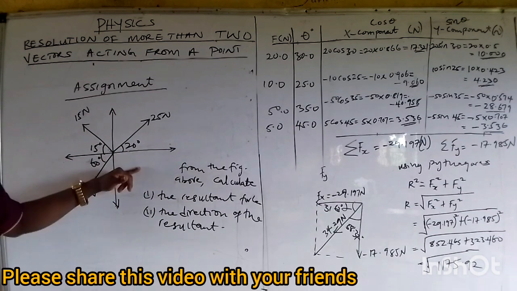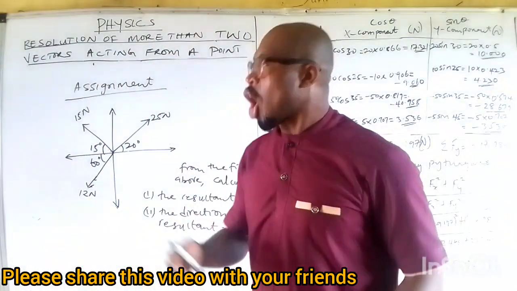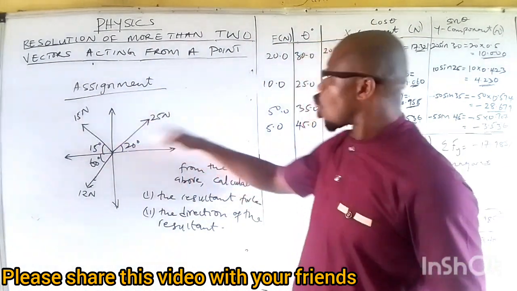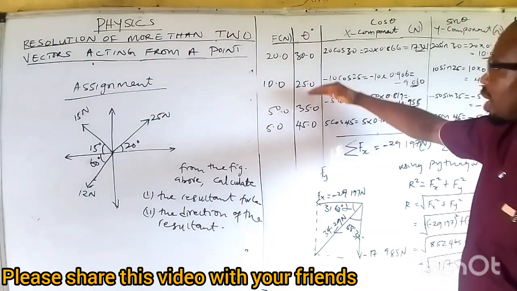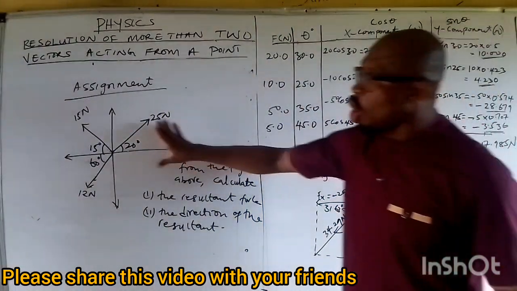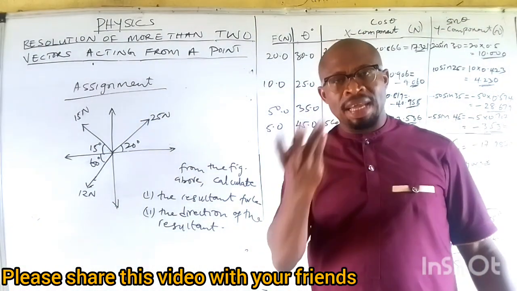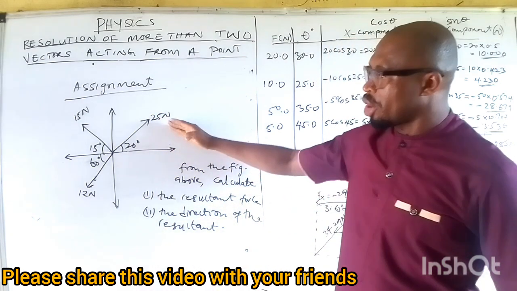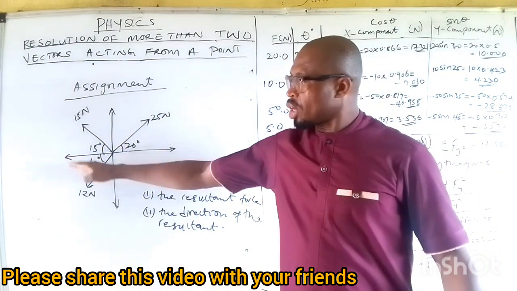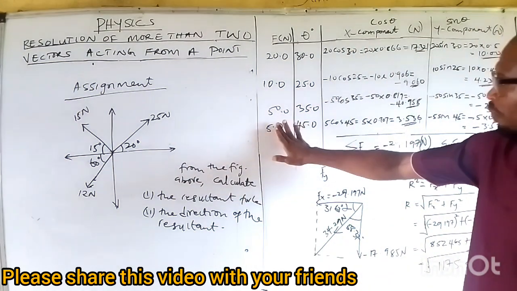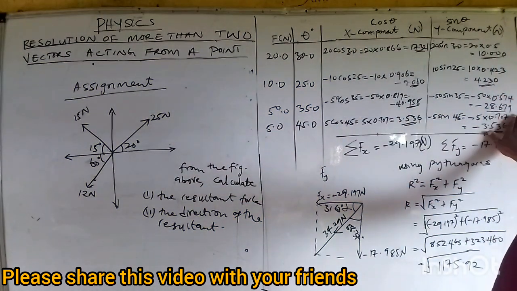Because no force is given here, do not panic. All you need to do is continue. Just as we had 4 forces before, all you need to have is just 3 forces. So resolve here, 1, 2, 3. Leave it. That means this fourth one will not be there.